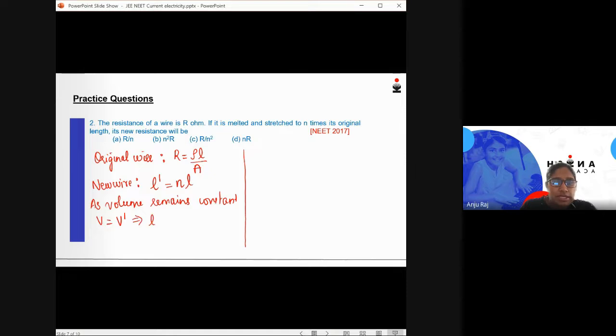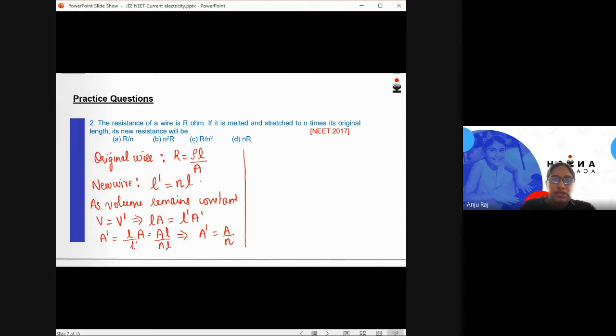V will be L into A, this is the volume formula, length into area, that will be equal to L dash into A dash. We want only A dash from this, so rearrange. A dash will be equal to L divided by L dash into A, that will be equal to A L divided by L dash, which is n times L. L and L will get cancelled. So you will get A dash is equal to A by n.